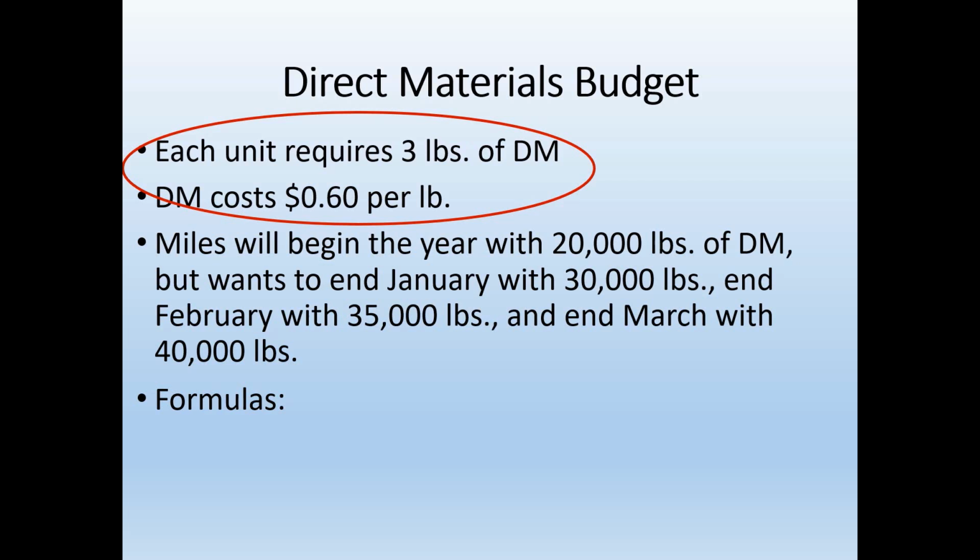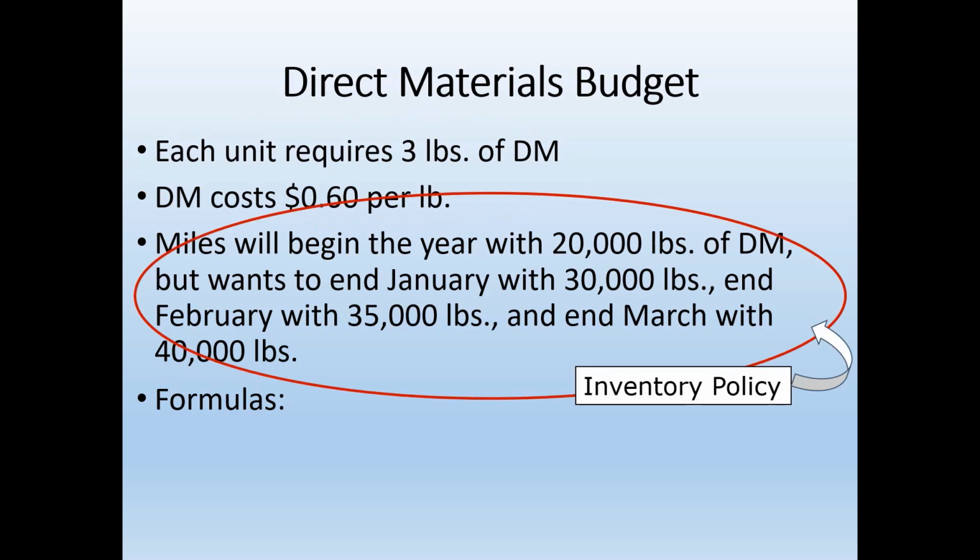Most firms make products that have lots of different kinds of materials. This particular firm only uses one kind of material. It needs 3 pounds of that material to make each unit, and it expects that the material will cost 60 cents per pound.